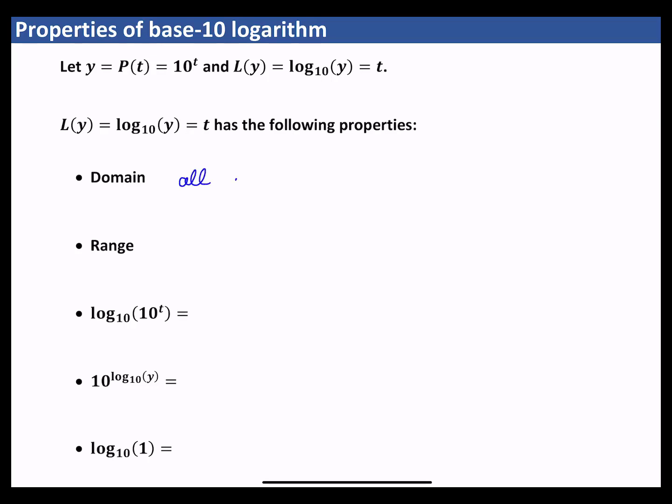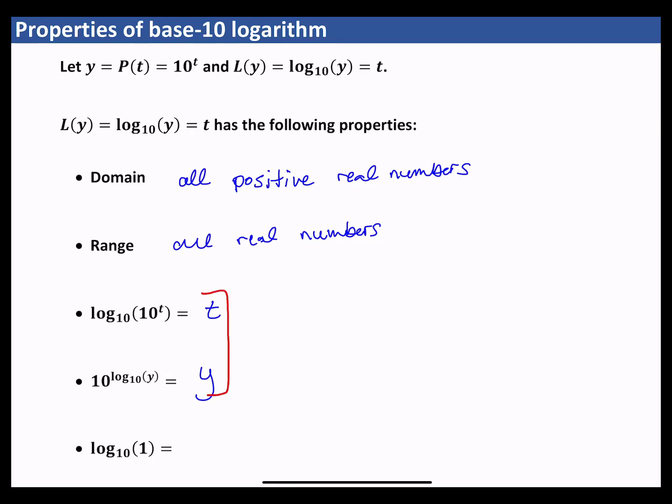The domain is all real positive numbers. The range is all real numbers. Log base 10 of 10 to the t equals t, and 10 raised to the log base 10 of y equals y. These last two properties are true because, again, we have two inverse functions.